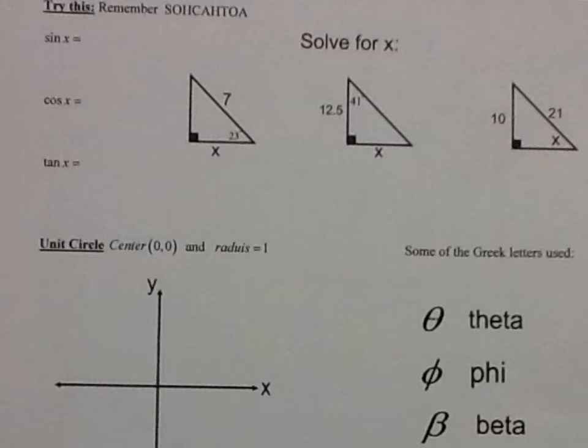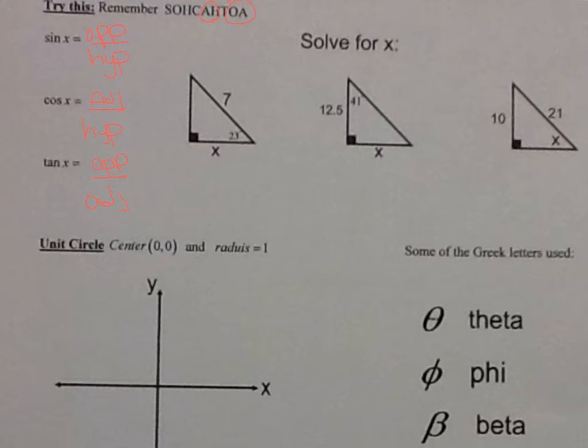So sine is opposite over the hypotenuse. Cosine, which is the A and the H, is adjacent over hypotenuse. And TOA, which is the O and the A, is opposite over adjacent.